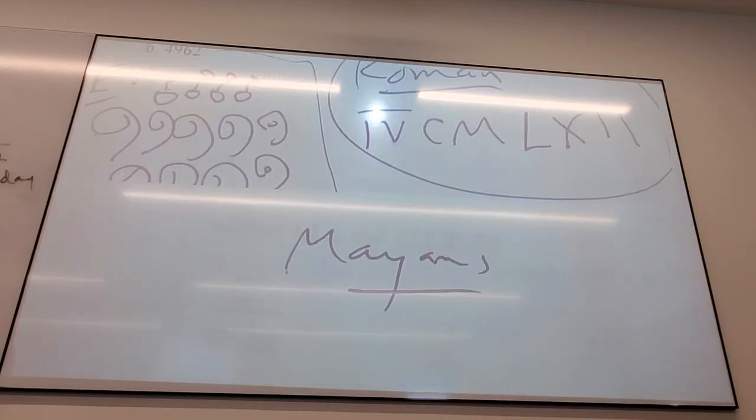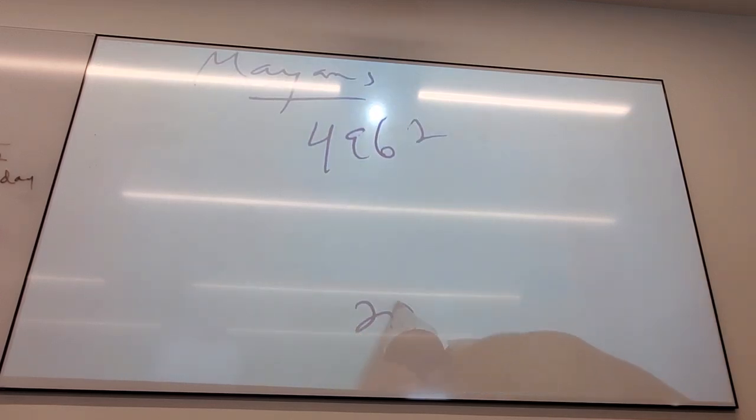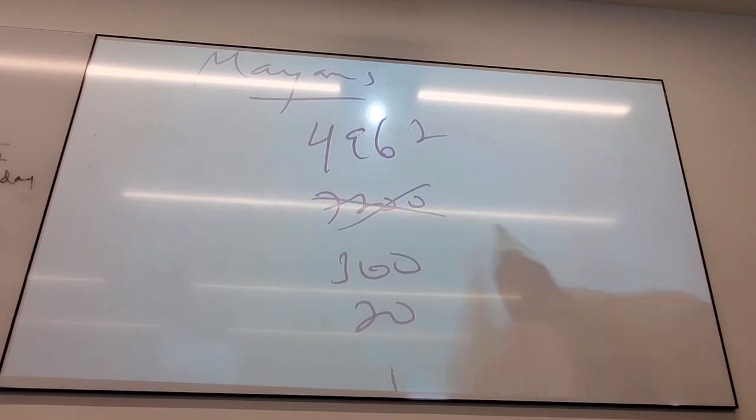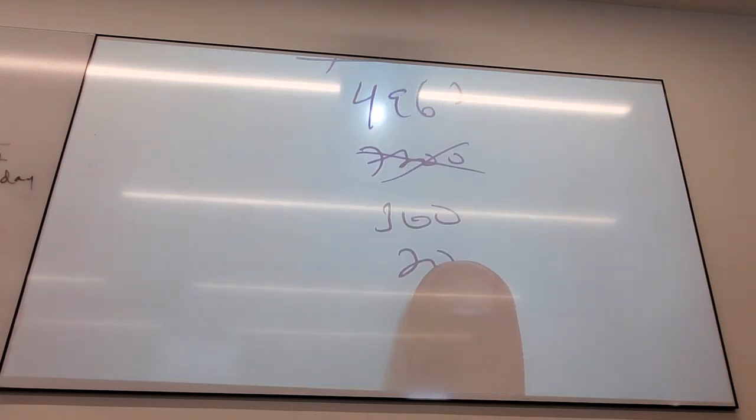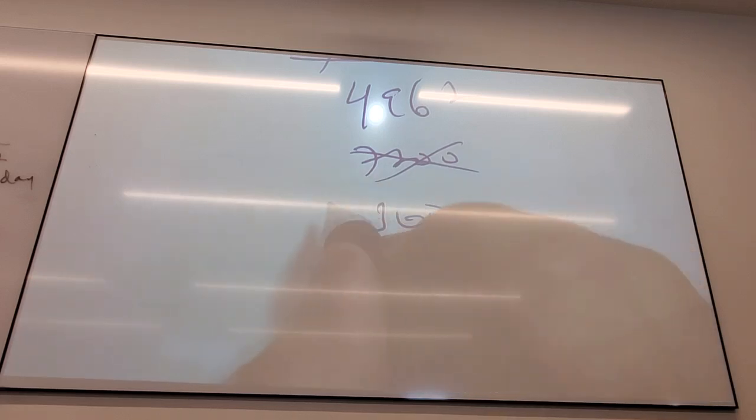So 4,962. How far up do I have to go? 1s, 20s, 360s. The next one would be 7,200, right? It's too big. So now you do 360 into 4,962. You can do that in your calculator. What do you get? 13.